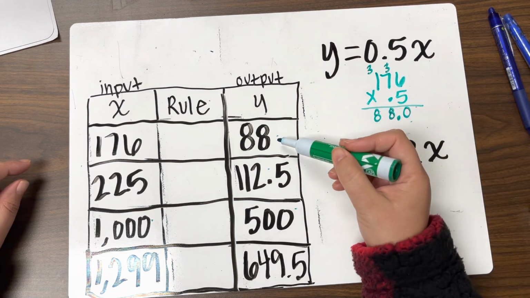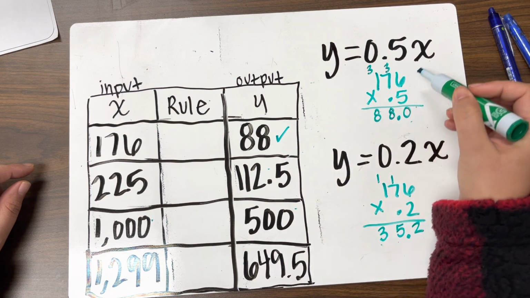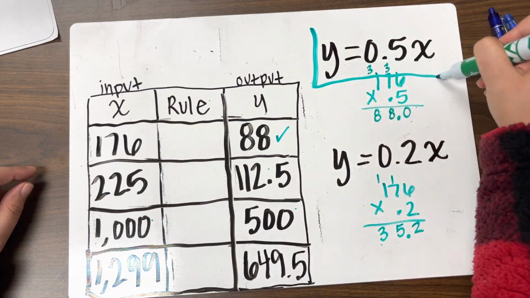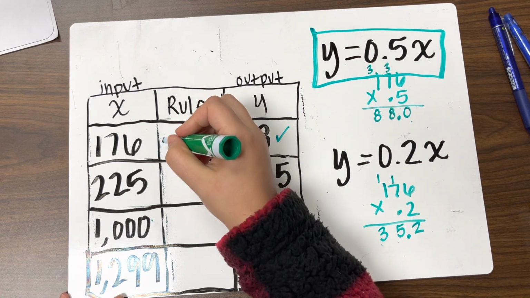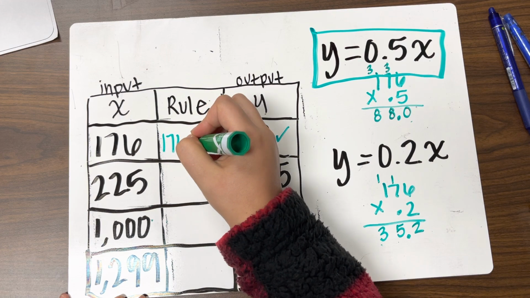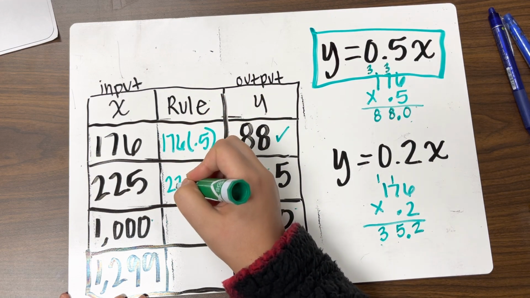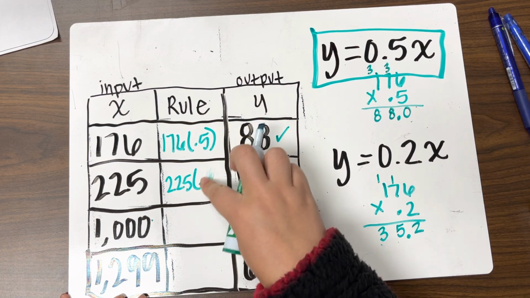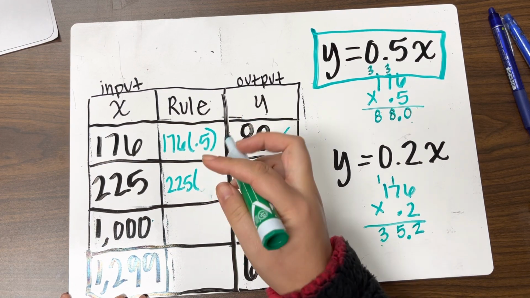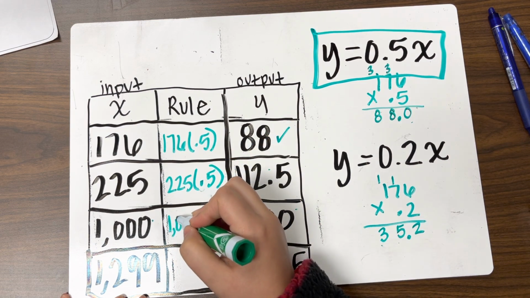So the one that matches my output is this one. So this is the correct rule, okay? Which means that I would be multiplying each of these numbers by 0.5, okay? So if you notice, when I multiply by 0.5, it's the same thing as if I'm cutting it in half, okay?